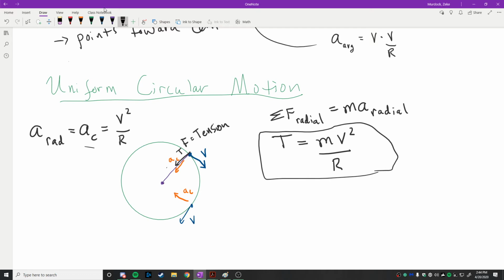Not just objects that move in circles, but objects that move along paths that can also be circular, right? Like, for example, a roller coaster, where an object goes down and it kind of goes in a circle like this. At any point in time, the motion of this object can be described based on this type of circular motion, and we can say that it has this type of radial acceleration. Oh, I want to mention one other thing right here, by the way. This velocity in this case is a tangential velocity.